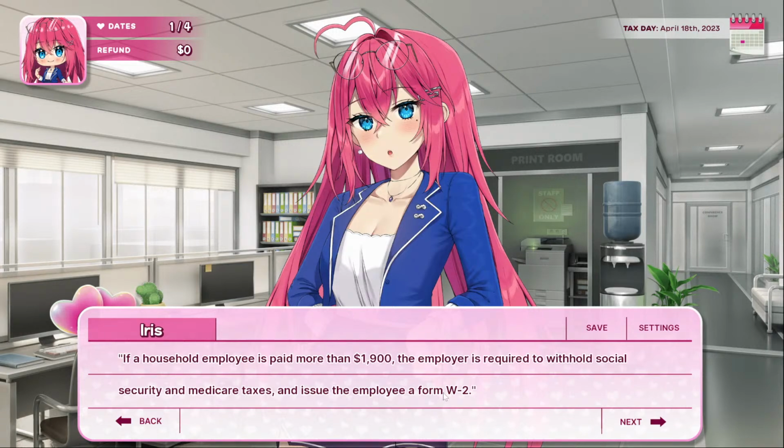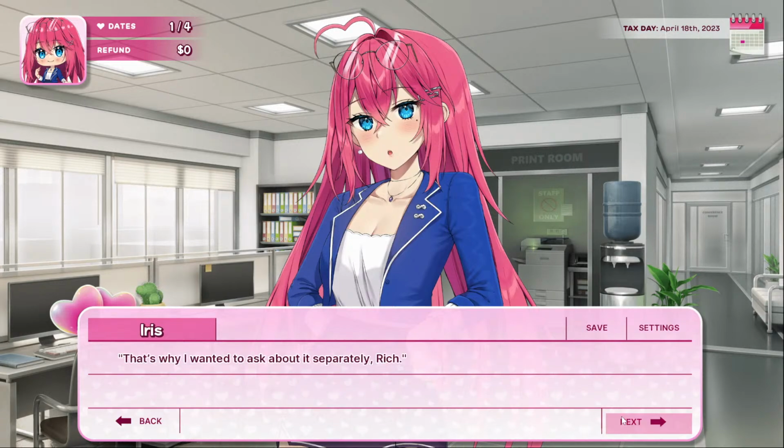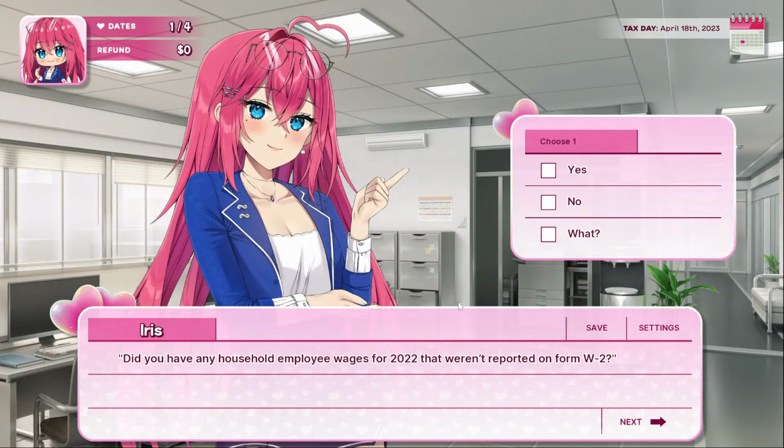Is that why she was asking if you have more than one W-2? Employees paid less, the employer is not required to issue a W-2, but the earnings still must be reported. Is that per year? I guess that's per year. That's why I wanted to ask about it separately, Rich.